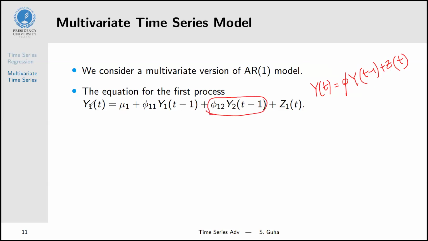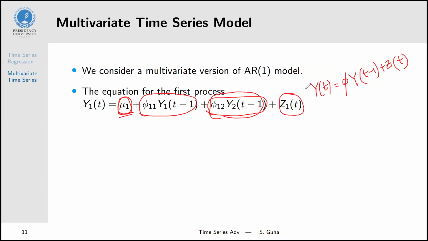So Y1t, today's number of patients, has something to do with yesterday's number of patients plus yesterday's temperature. That is also included. Then this is the error or noise part. And generally, it is customary to add a deterministic constant value that will determine the process level.